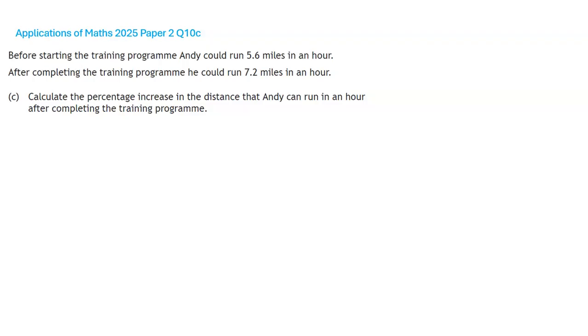Now this one asks the percentage increase, which is this part here, in the distance he runs. So remember, to represent a percentage increase or decrease, I first need to know what my change is. Well, in this case, to get the change, I do 7.2, take away 5.6. Because he's gone from the 5.6 to the 7.2, what I end up getting then is 1.6.